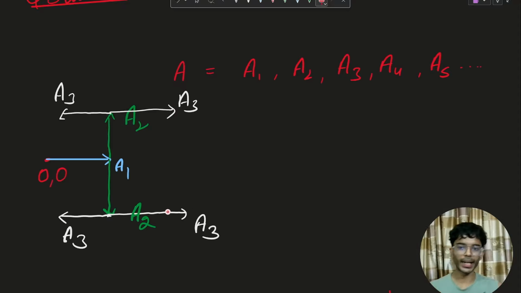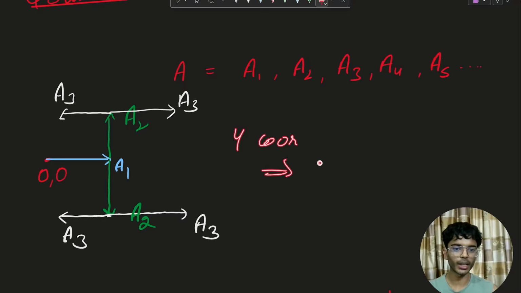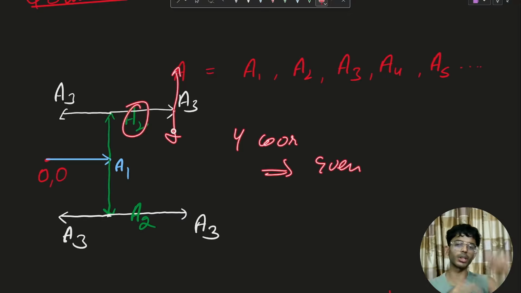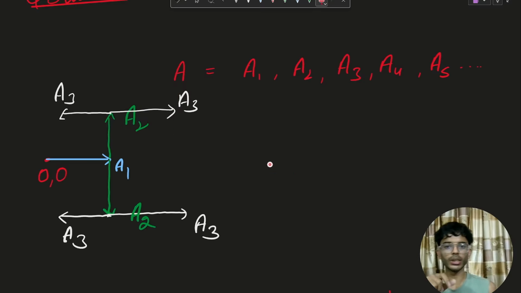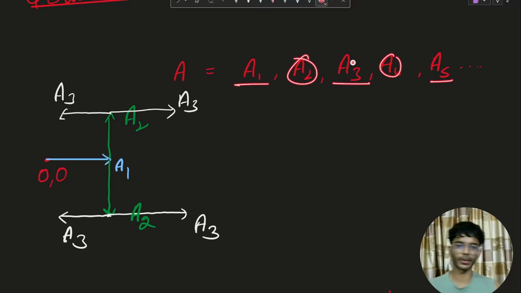So here, can you see a pattern: the x coordinate is determined by the odd elements of the array, and the y coordinate is determined by the even elements, A2 and then A4, which determine whether it goes up or down, right? So the x coordinate is determined by the odd elements and the y coordinate is determined by the even elements, right?